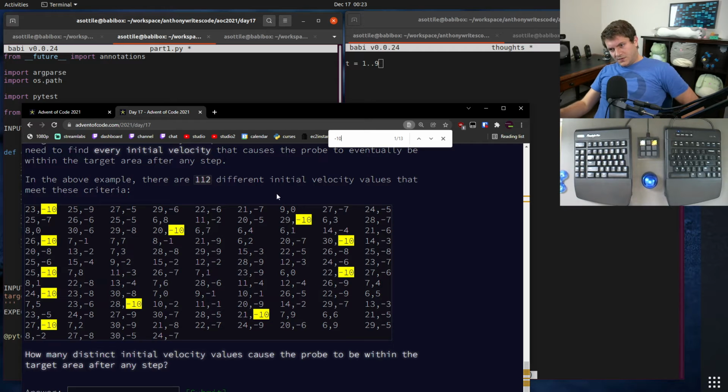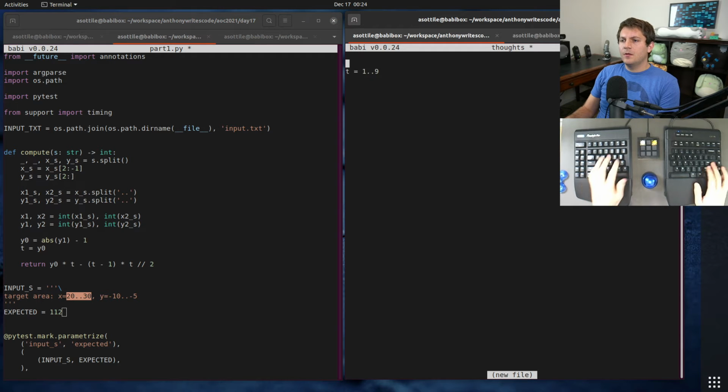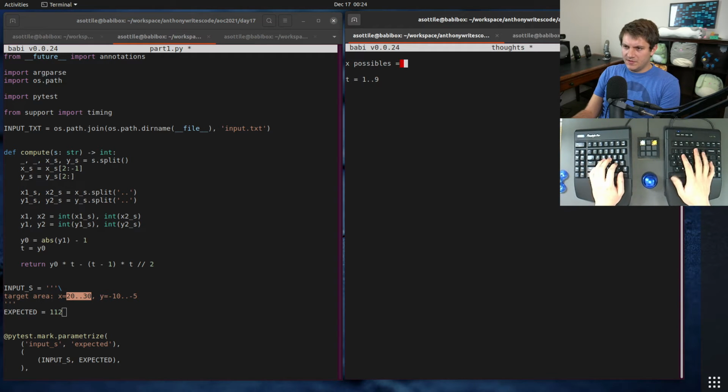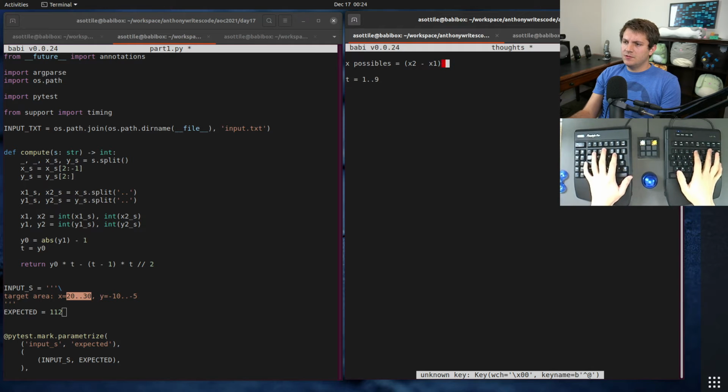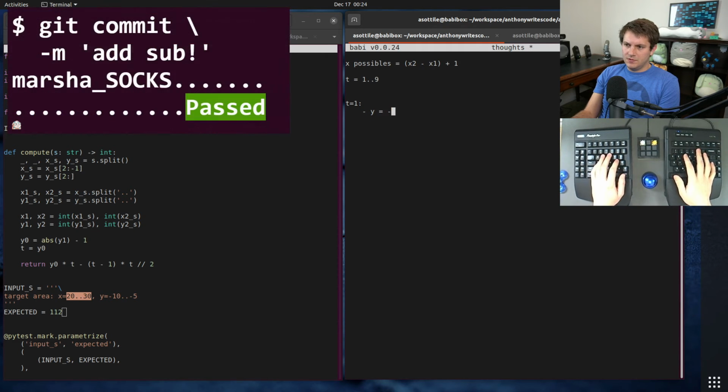I thought it was just the X widths, which, oh, is inclusive, so there are 10 points. Okay, X possibles is equal to x2 minus x1 plus 1. Okay, so for t equals 1, it is always y equals negative min. Actually, that's not true either.